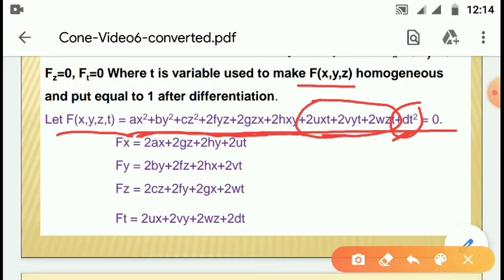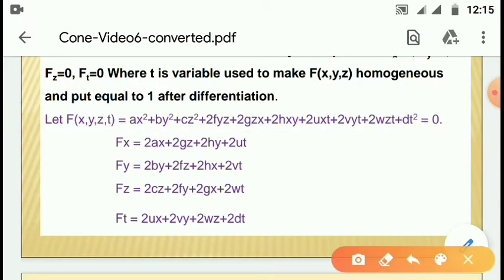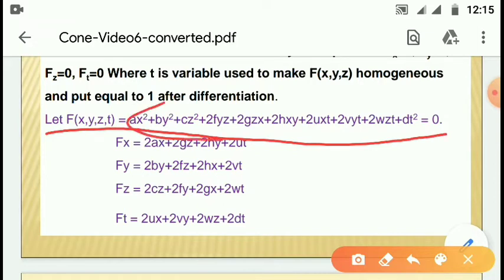So, in f of x, y, z, t, all these are second degree terms, and this is also a second degree term because there is x and there is t. X power 1, t power 1, the degree is 1 plus 1, 2.